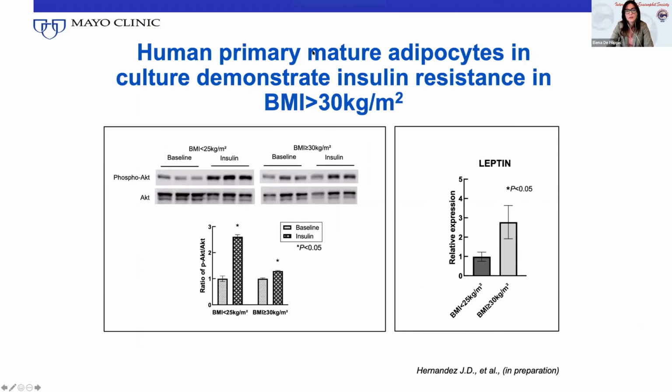So we collected human primary mature adipocytes and were able to put them in culture, and without going into too many details for the sake of time, we demonstrated that even on a cell culture level, these adipocytes do retain features of insulin resistance with an increased leptin level.